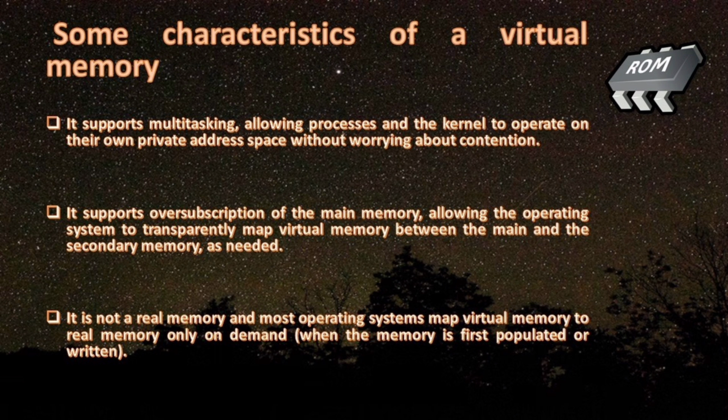First bullet, supports multitasking, allowing processes and the kernel to operate on their own private address space without worrying about contention. Second bullet, it supports oversubscription of the main memory, allowing the operating system to transparently map virtual memory between the main and the secondary memory as needed. Third bullet, it is not a real memory and most operating systems map virtual memory to real memory only on demand, when the memory is first populated or written.